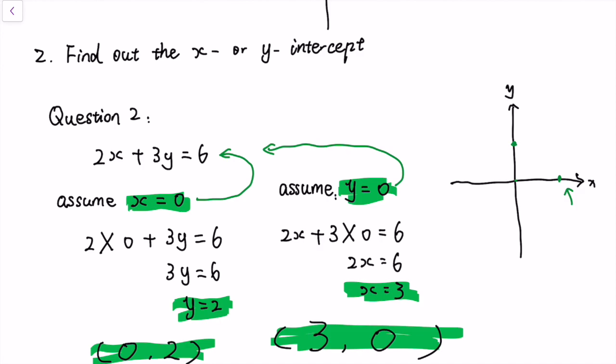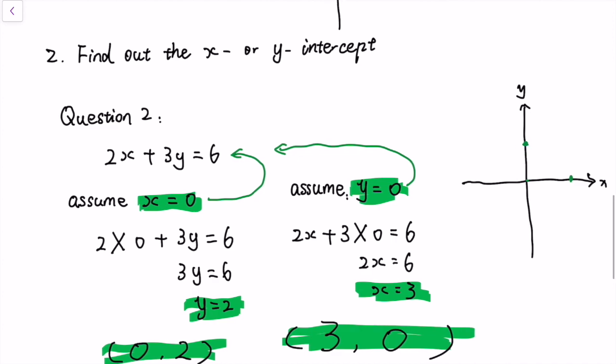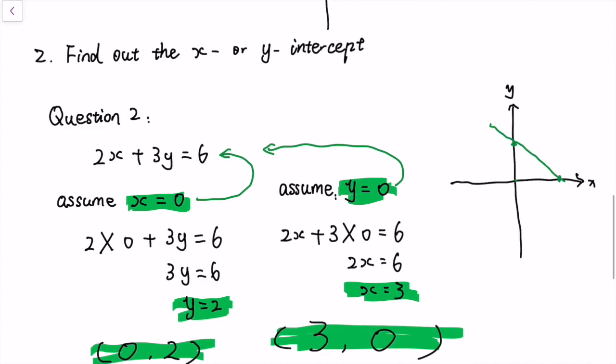Then you link them together. As you can see, this point is the y intercept, and this point is the x intercept.